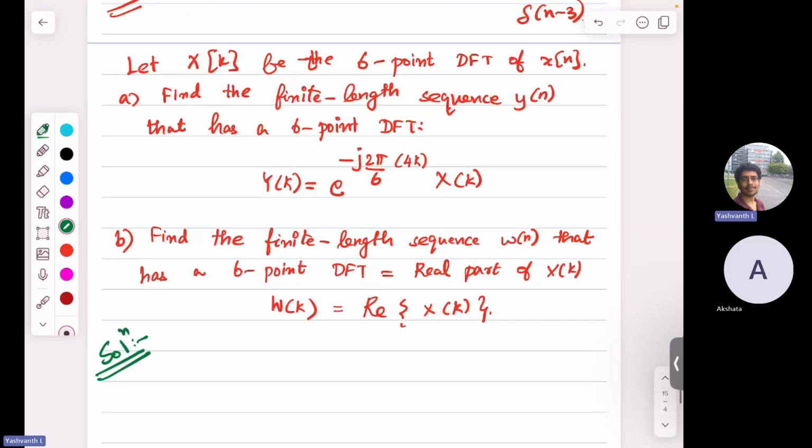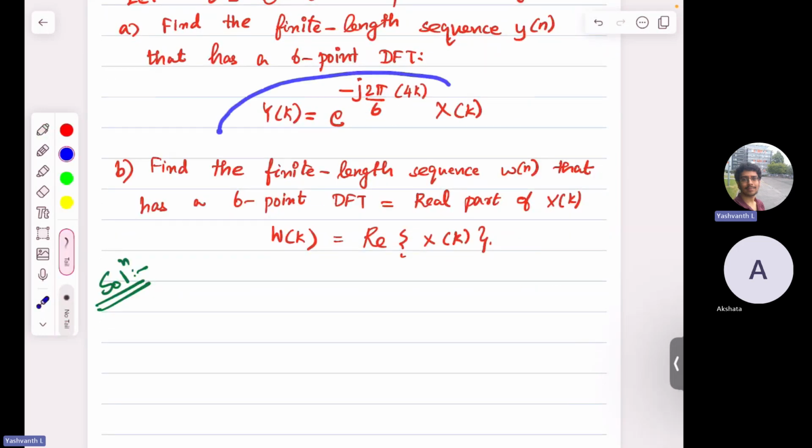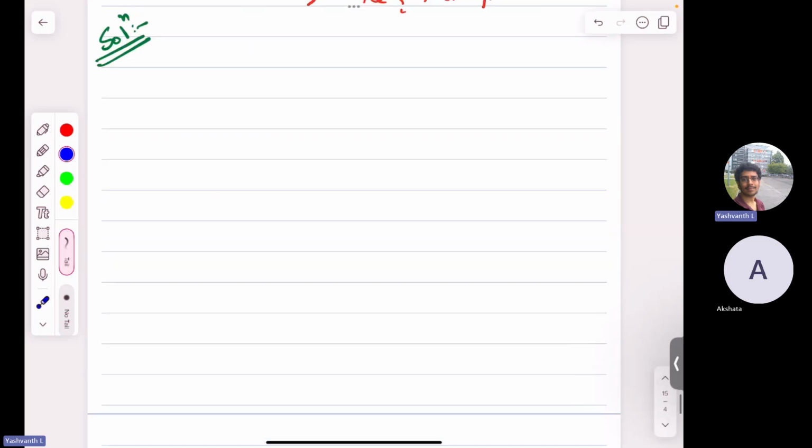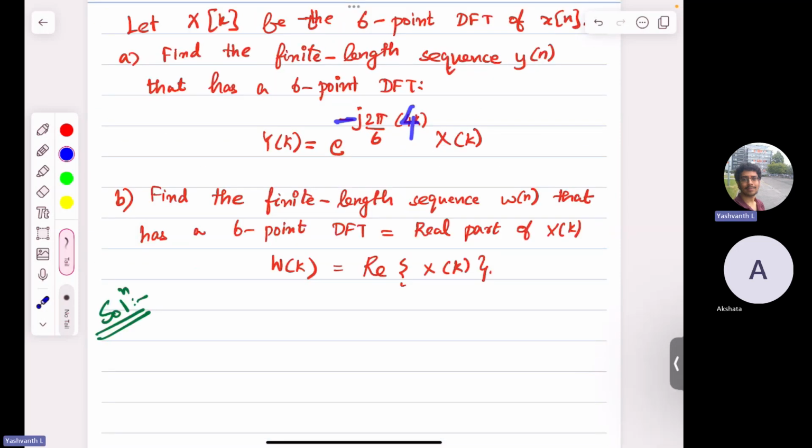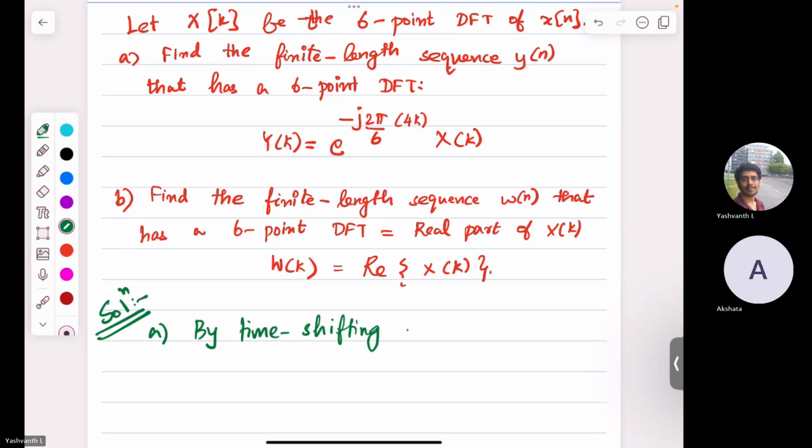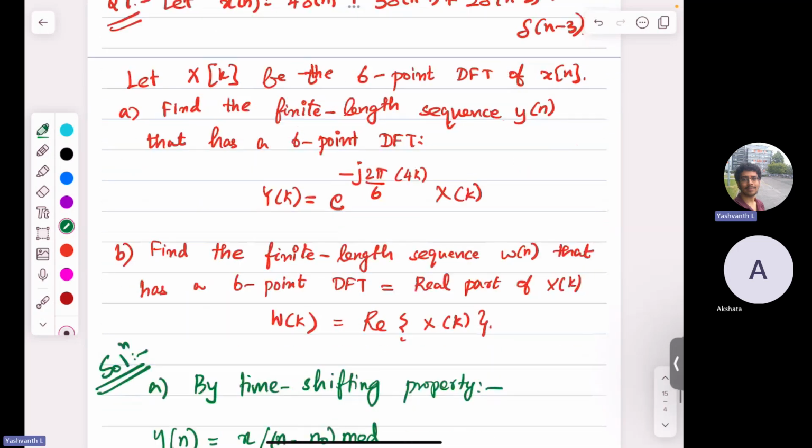If you look at this, it is immediate that you have to apply the time shifting property of the Fourier transform. By what has it shifted? By 4, so n naught equal to 4. By the time shifting property, y of n is x of n minus n naught modulo 6, because N is equal to 6 here.